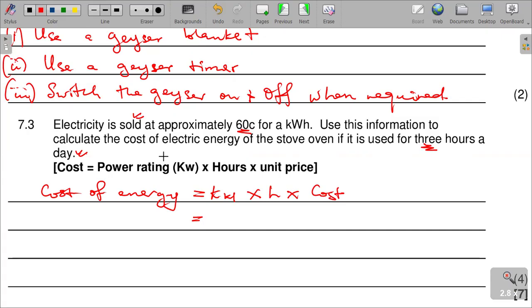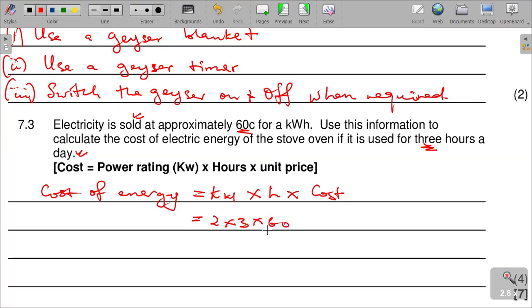Our cost of electricity is equal to 2 times 3, the 3 hours a day, multiplied by the cost, which is 60 cents.